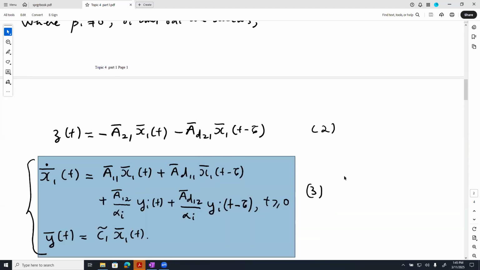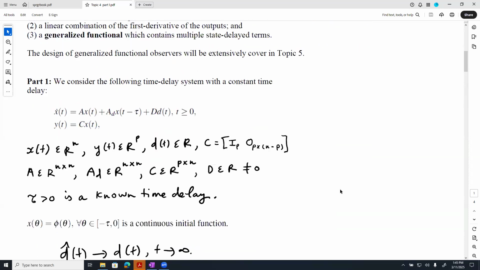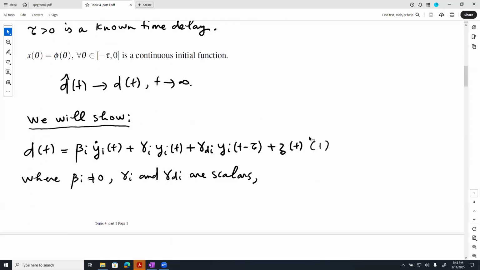All right, so that's what we're going to show. We say that, okay, when we look at a time delay system with a constant time delay, and we apply the matrix decomposition technique, which decomposes the unknown input in its entirety, we get equation 1, which is the unknown input itself.